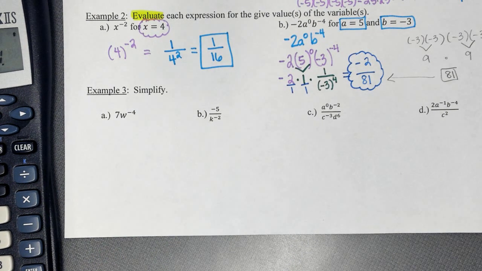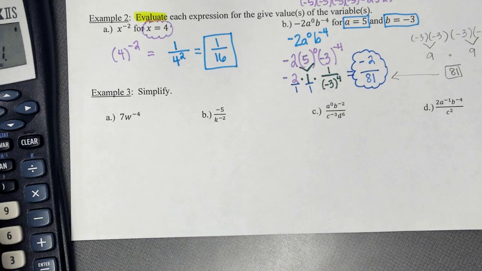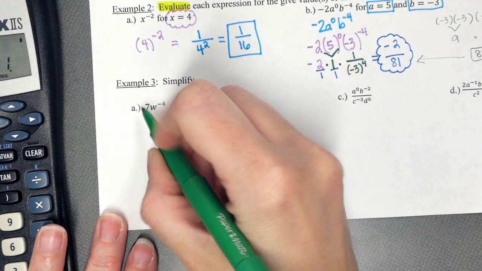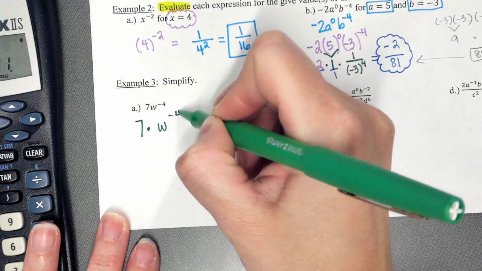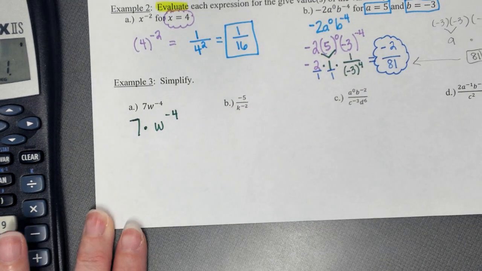Okay, so remember I said we're going to apply these rules to different variables. So whenever you have a negative, okay, this is 7 times w to the negative 4. Let's get that written down.